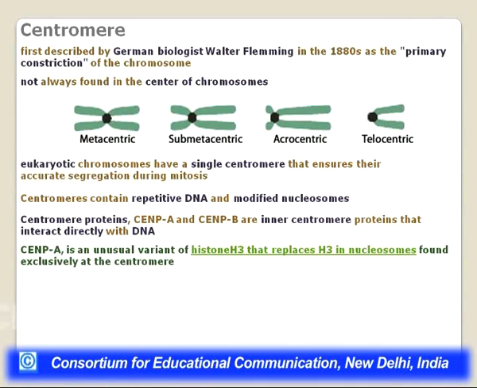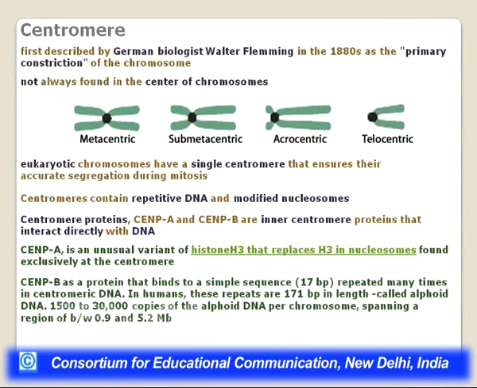The centromere proteins CENP-A and CENP-B are inner centromere proteins that interact directly with the DNA. CENP-A is an unusual variant of histone protein, histone H3, that replaces H3 in the nucleosome. This is a peculiarity found exclusively at the centromere. CENP-B is a protein that binds the simple sequence repeated many times in the centromeric DNA.